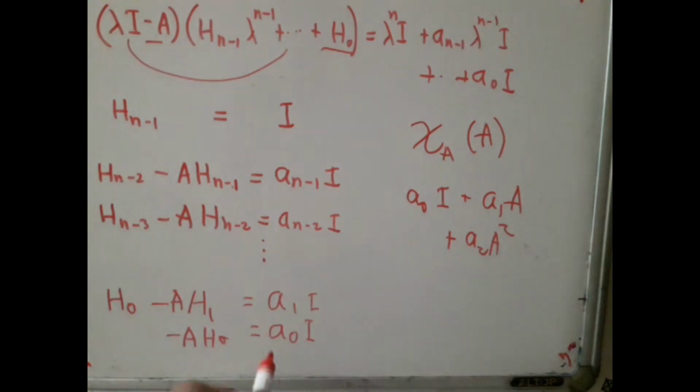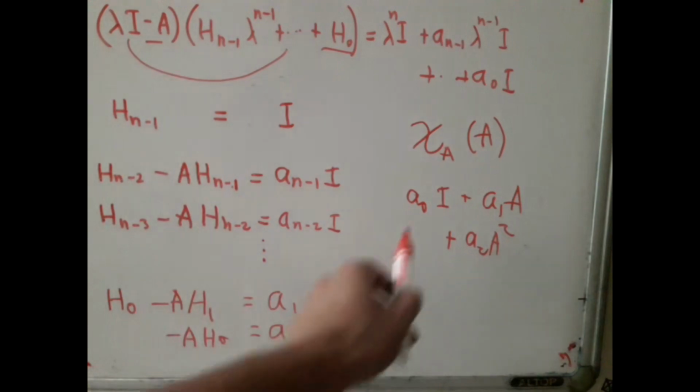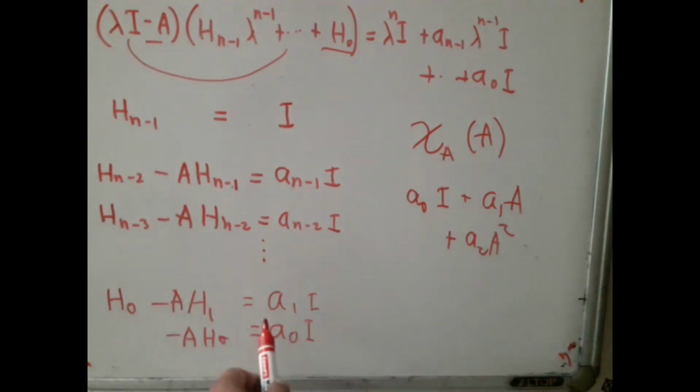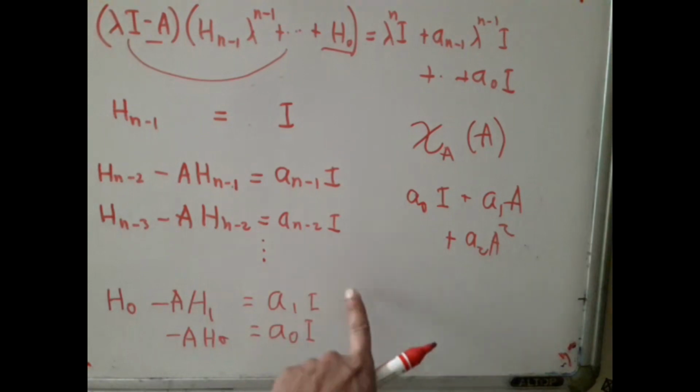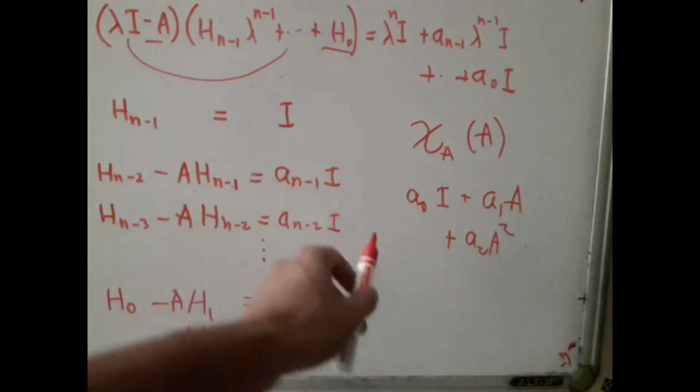Well, you have all the coefficients here, so I would suggest you leave the first equation unaltered. a_0 I is a_0 I. You need a_1 A, so you multiply this equation with A from the left, the way I have written. Similarly, you multiply the next one with A squared, etc.